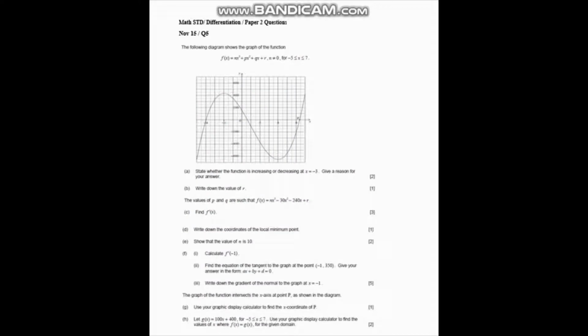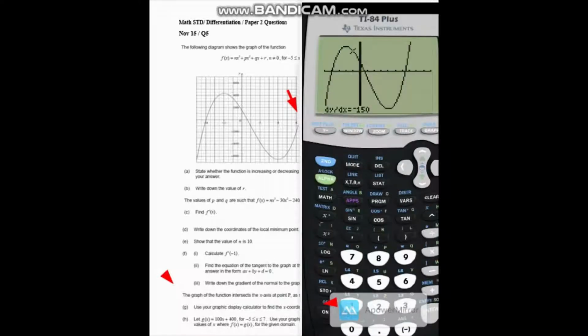I am told that the graph of the function intersects the x-axis at point P as shown in the diagram, this point right there. I need to use the GDC to find the x-coordinate of P, and we should know that the point where I cross the x-axis is called the zero of the function. So there is my graph. I press on second trace, find the zero. There is my zero.